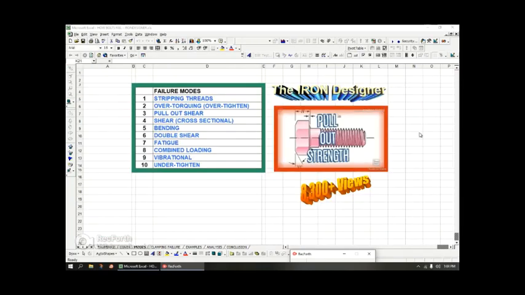So now I just wanted to take you to the thumbnail that has over 8,300 views. It's called Pull-Out Strength, and I went through an exercise where all the bolt is doing is it's just being ripped out axially from the connection.